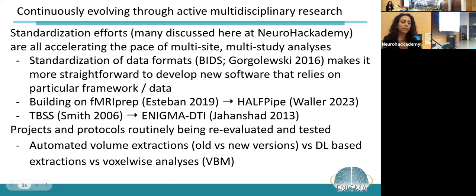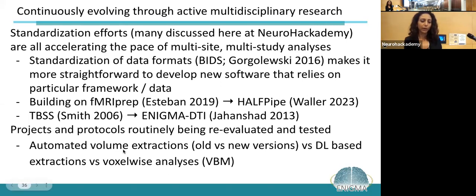So a lot of these projects and the protocols are continuously being reevaluated, retested, compared with previous versions, and brought to the consortium setting. So as I mentioned, we can also compare not only these automated volume extraction measures, such as FreeSurfer, with the newer deep learning based extraction methods.